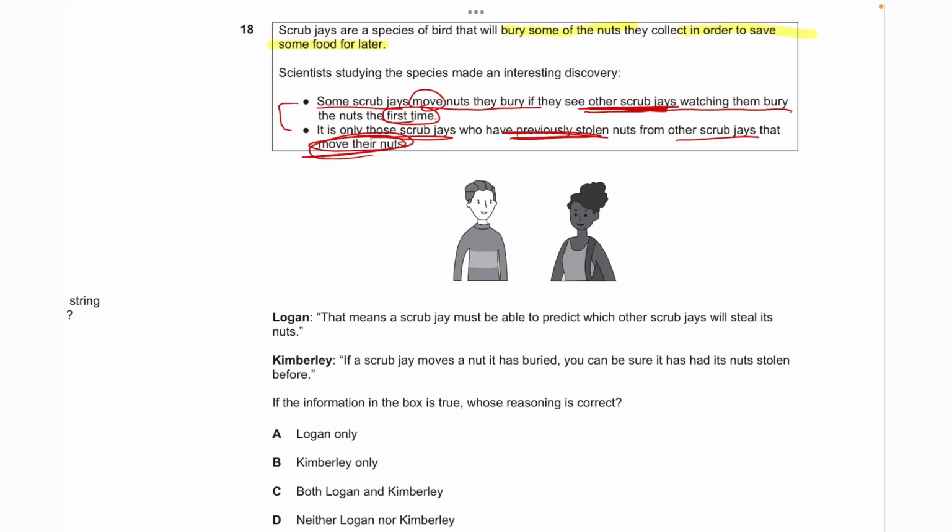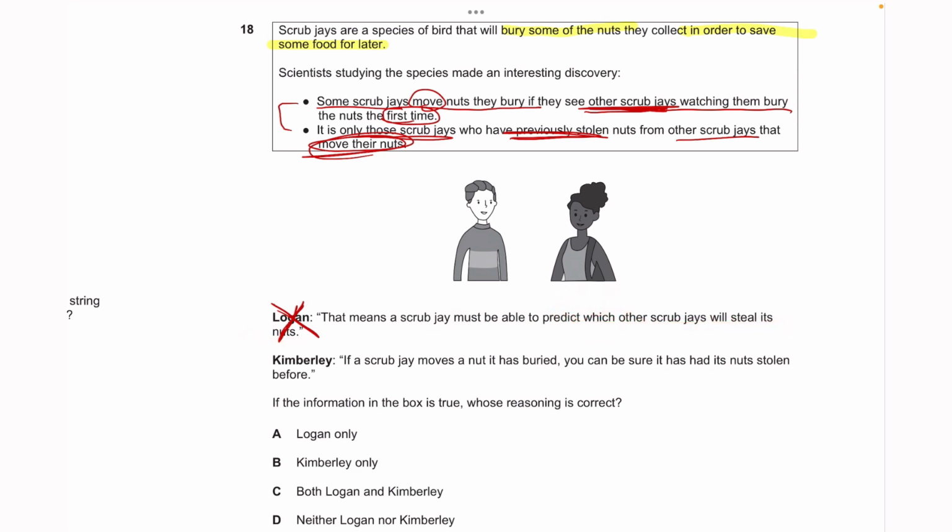And so we're going to see if Logan and Kimberly understand that and follow that logic. So this is what we've got. It says that means that a scrub jay must be able to predict which other scrub jays will steal its nuts. Well, for this case, we know that Logan's reasoning is incorrect, okay? Because in actual fact, scrub jays aren't able to predict which other scrub jays will steal its nuts.